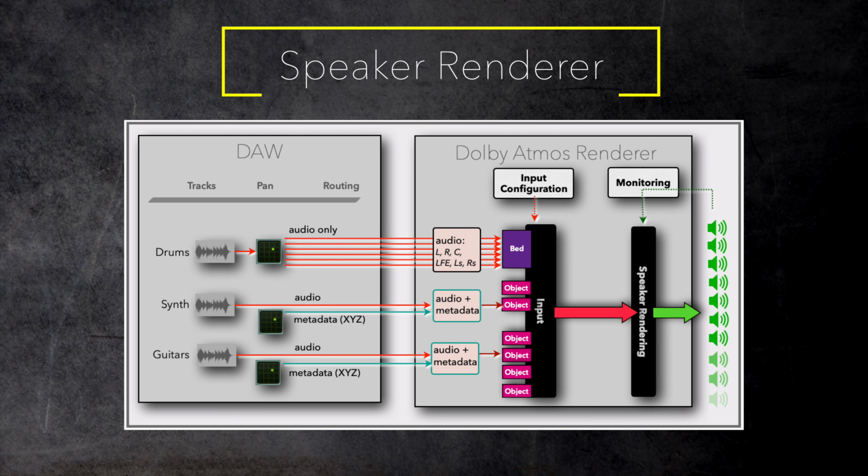For example, if there are no height speakers, then those signals will be placed into the nearest surround speakers. And if there are no surround speakers, then the signals will be folded into the plain stereo mix. The mix that you listen to at the end might not be immersive or not even be surround, but you will not lose any signals that were in the original Dolby Atmos mix.